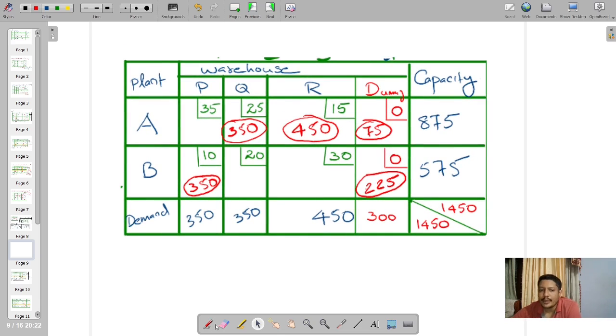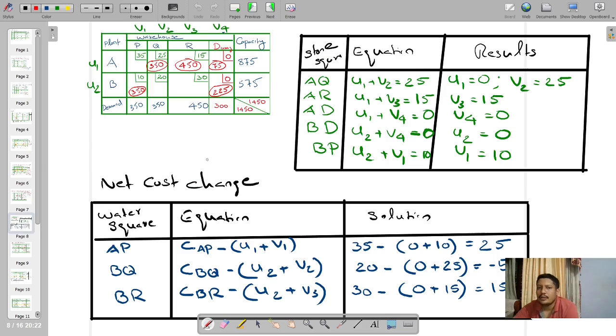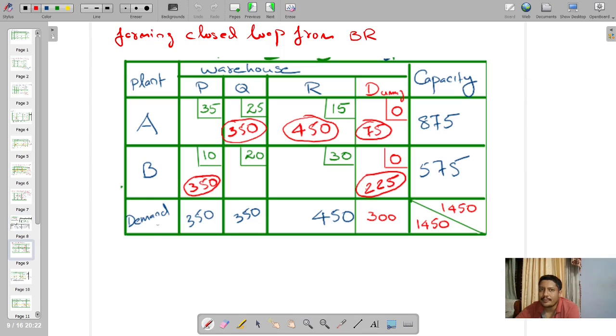So now forming the closed loop from BQ, since BQ we got as the negative.